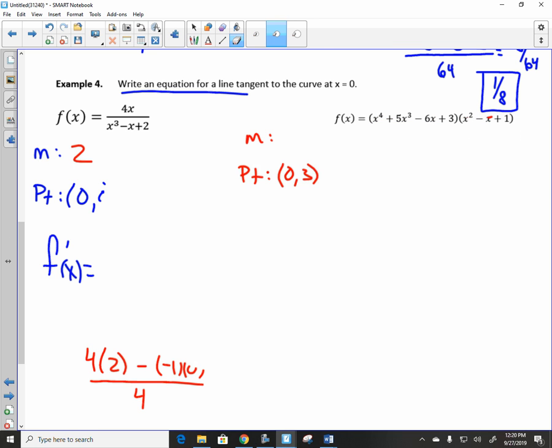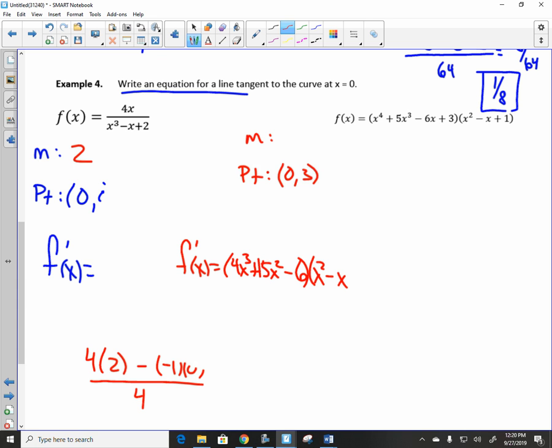Take the derivative. Now, I get all sorts of people who want to multiply that all out. Don't. Just use a product rule. F prime of x is, what's the derivative first part? 4x cubed, 15x squared, minus 6 times x squared minus x plus 1.